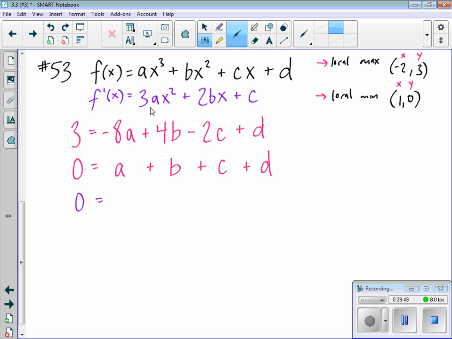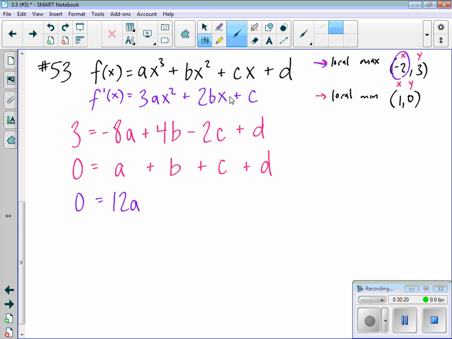And what's the x value when the derivative is 0? Let's say we're talking about the max there. Isn't the x value negative 2 when the derivative is 0? So we can plug negative 2 in for the x, which gives me what here? 12a.